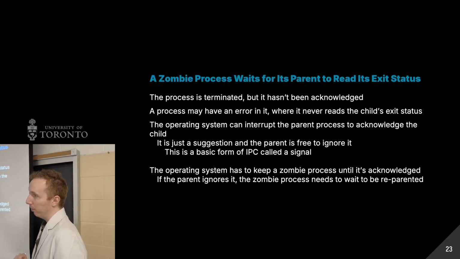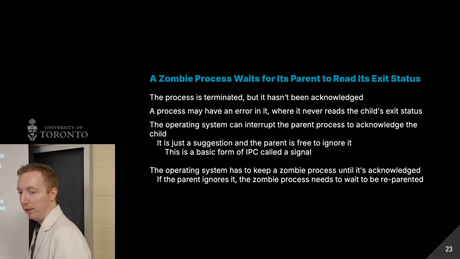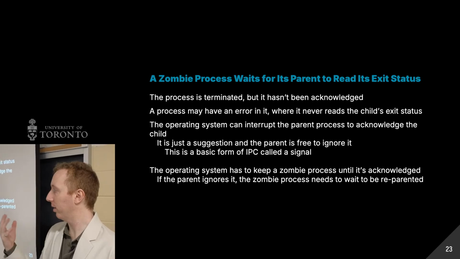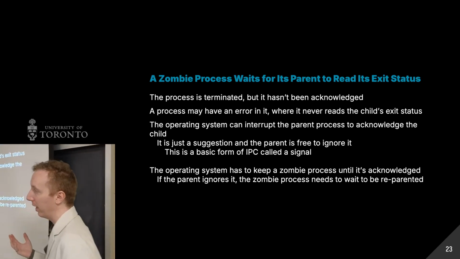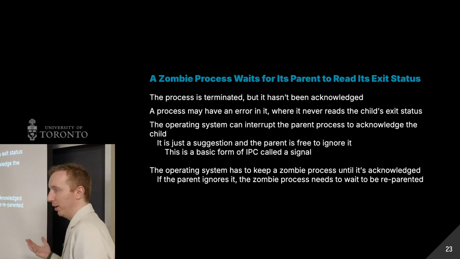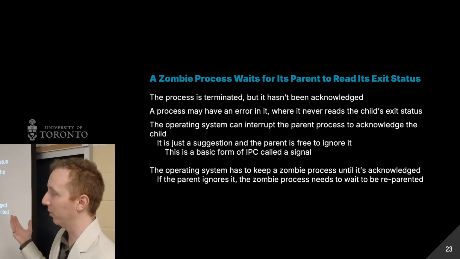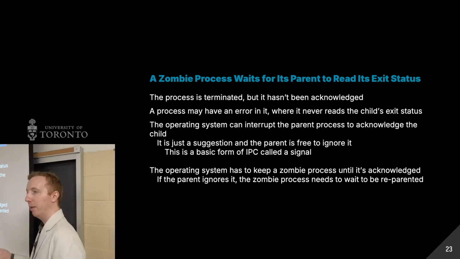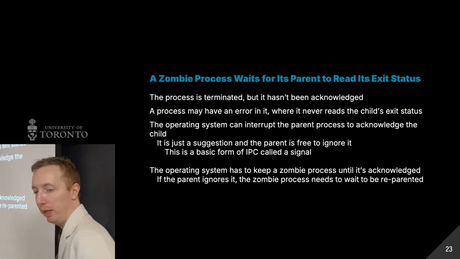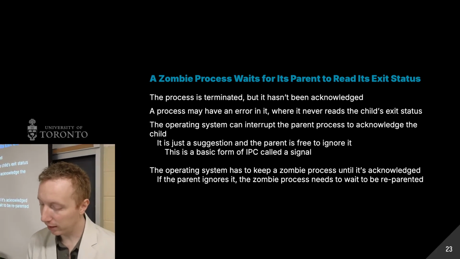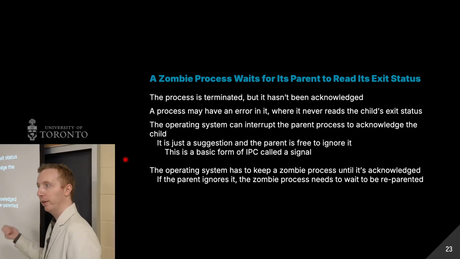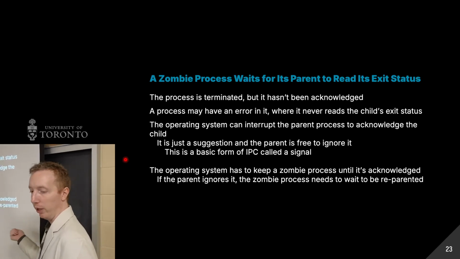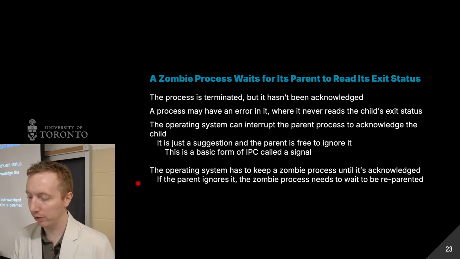We'll see what that exact mechanism is in the next lecture, but it is basically a suggestion, so you are free to ignore it, and that is also the default behavior. So the default behavior is if your child process terminates, the operating system will poke you, and you will immediately ignore it. It's technically a basic form of inter-process communication called a signal. It's basically like a user-level interrupt. Again, we'll see it in the next lecture.